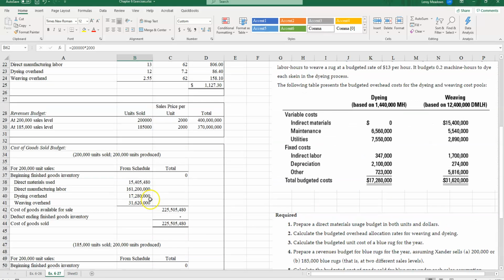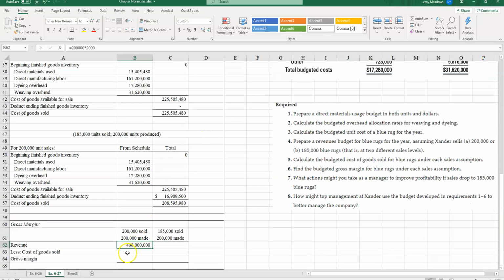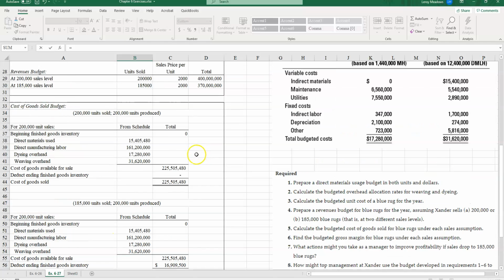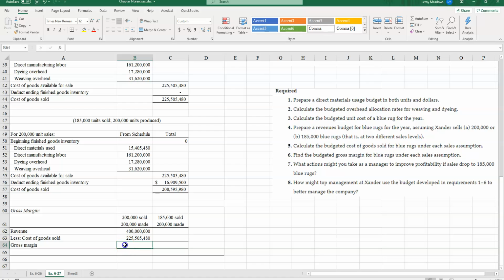Actually, I could just have gone to up here. So minus my cost of goods sold, and I could figure out my cost of goods sold under the assumption of 200,000 units made, 200,000 units sold, 225,505,480. And so my gross margin is simply going to be my revenues minus expenses.